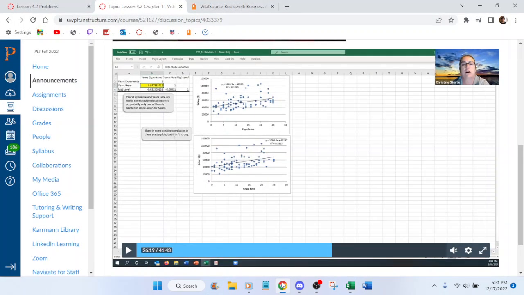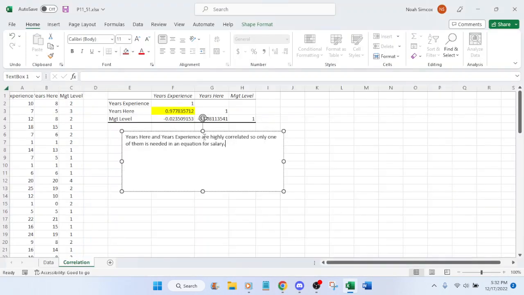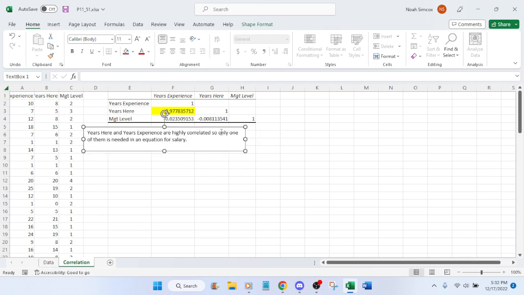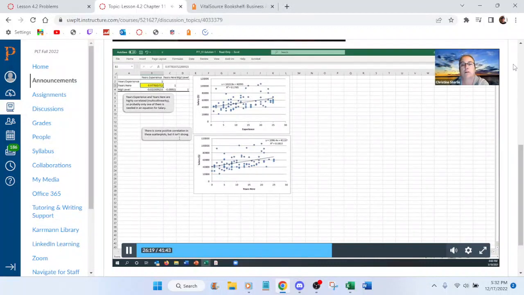There is some positive correlation in these scatter plots, but it isn't strong. What are those scatter plots for?